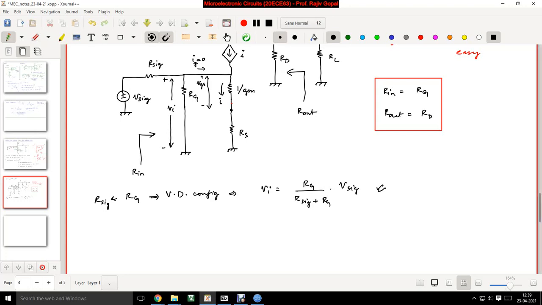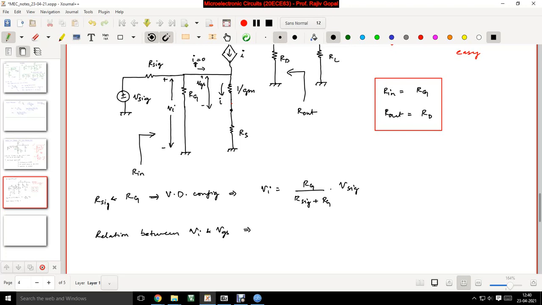Next, let me look at the relation between VI and VGS. See, here VI is the voltage across RG, and VGS is the voltage across 1 by GM alone, that's all, right?